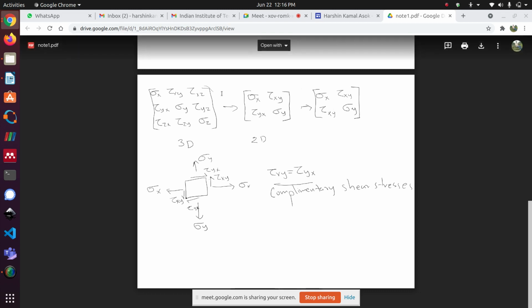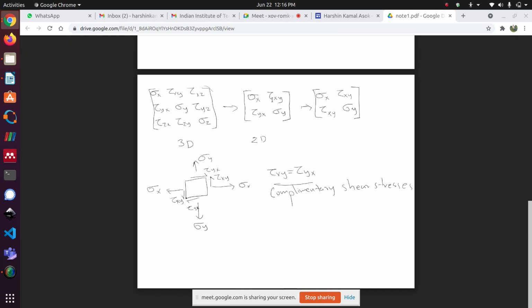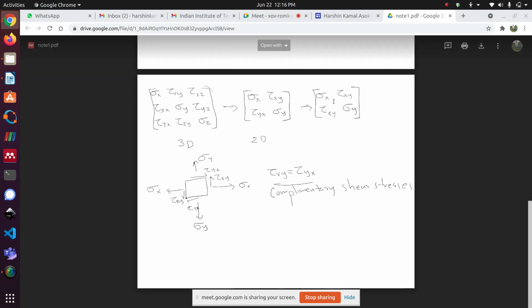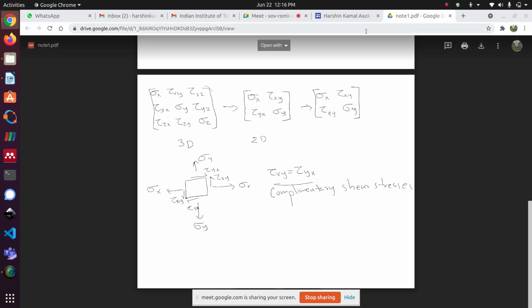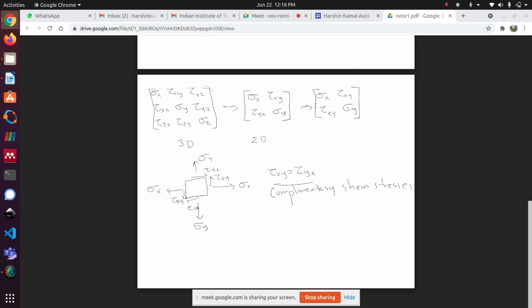And for a 2D case, we can remove the third row and third column, and the tensor becomes sigma x, tau xy, tau yx, sigma y. Again, tau xy and tau yx are the same, and you can use them interchangeably. Or you can simply write tau. There is no need for xy in the 2D case, because both are the same.